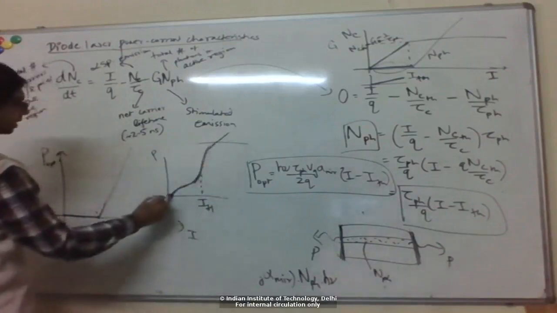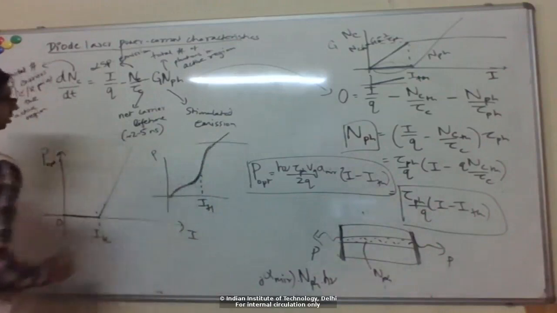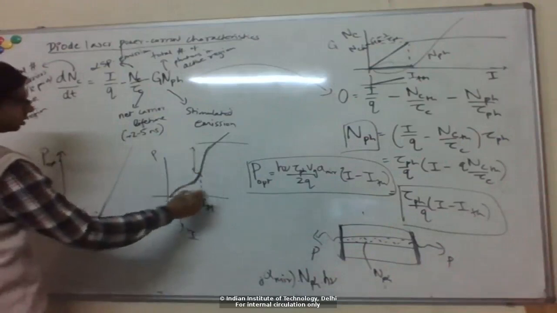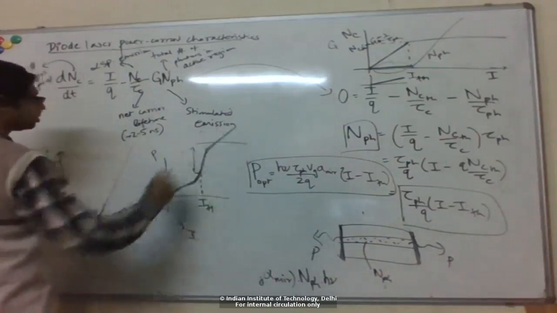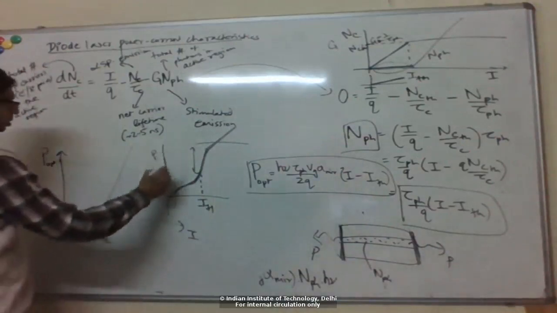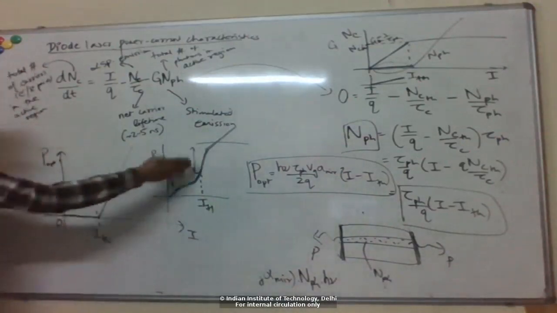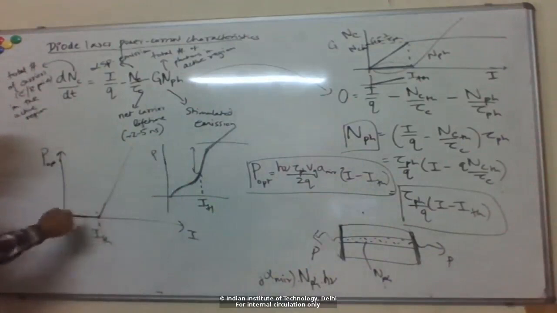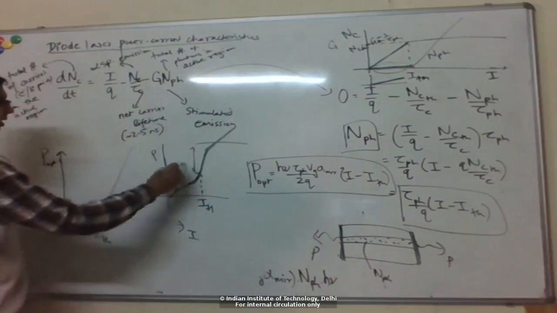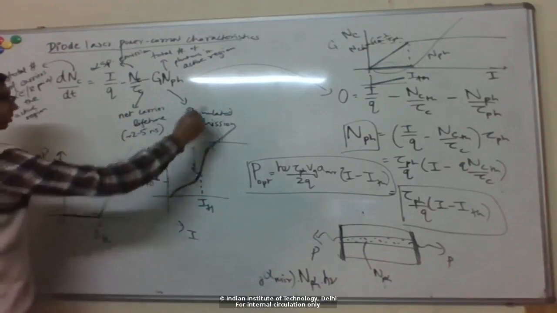Below threshold there is a small slope, but it jumps by many orders of magnitude above threshold. If you plot on the linear scale, numbers we're talking about are like 10 to the minus 6 or something, and then suddenly you jump to 10 to the minus 3 and above.